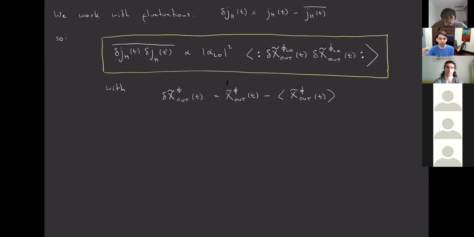And using the input-output relations, if the external field is in vacuum, we know that this ultimately will be proportional to the normally ordered correlator of quadratures inside the source. So this even allows us not only to characterize the output field, but also the state inside the cavity, inside the source, okay? So this in principle is one way of measuring the steady state, or in general, the state of your open system, okay?